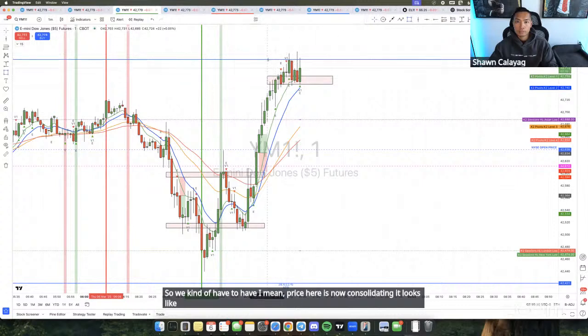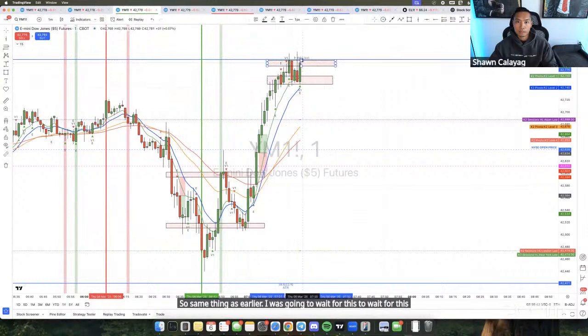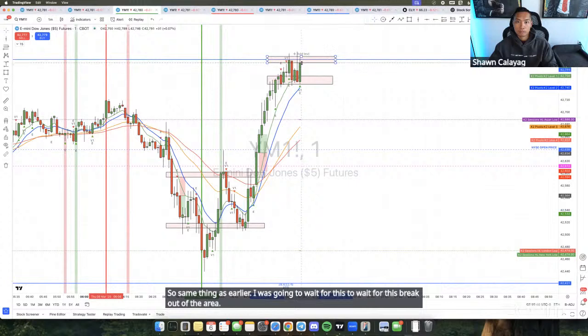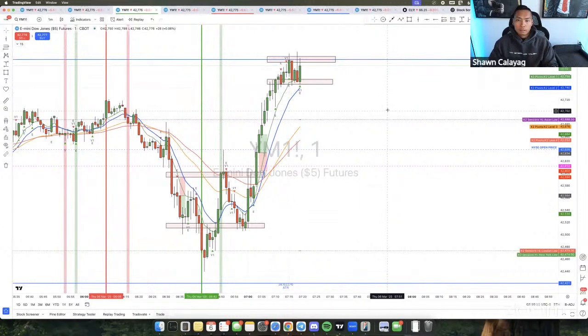Same thing as earlier, probably just going to wait for this to break out of the area. Got that consolidation range marked up right there.